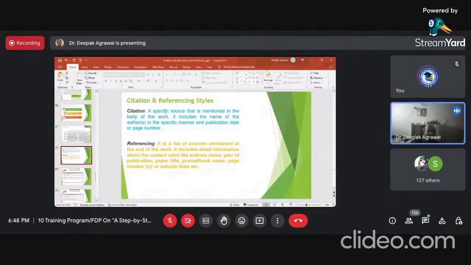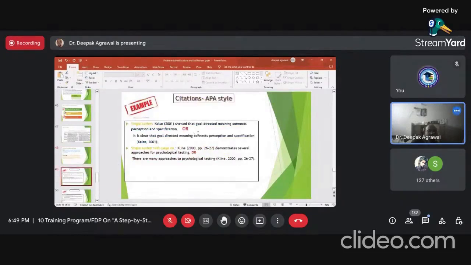Whatever you are referring to, a small reference quoted in a specific format within the chapter is known as a citation, and more description about this reference comes in the form of referencing, which is quoted at the end of your paper or thesis. So in short, referencing is descriptive information about the publisher, and a citation simply quotes from where you have referred this information.